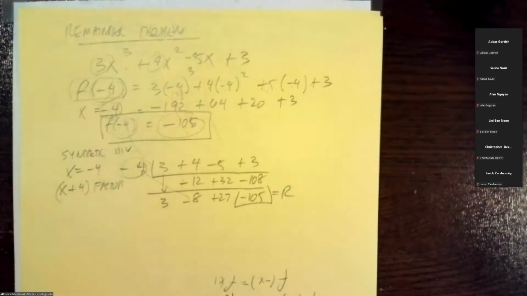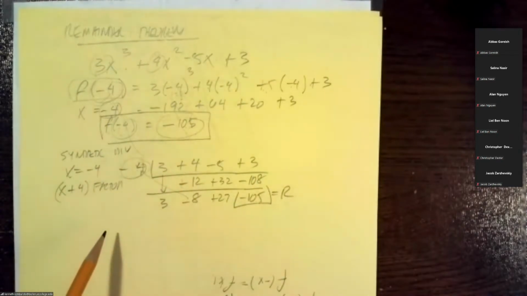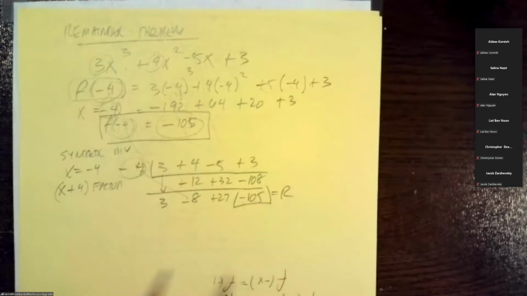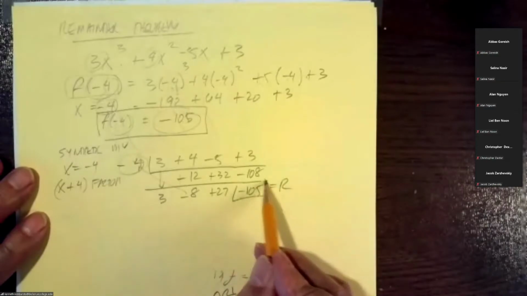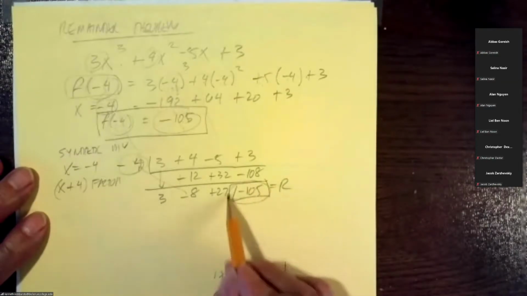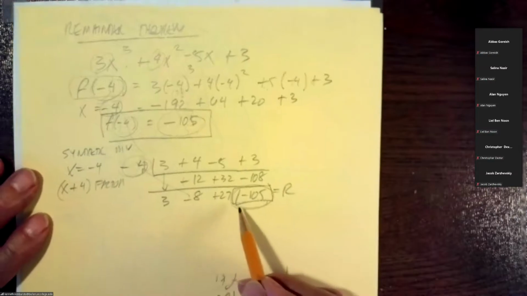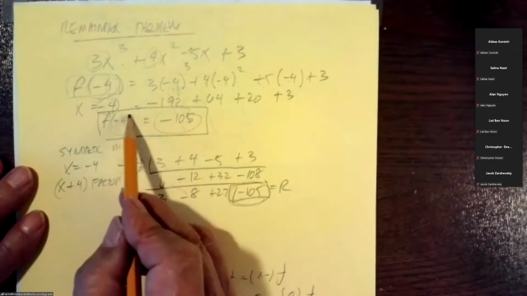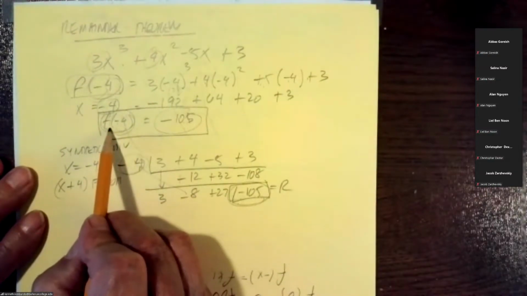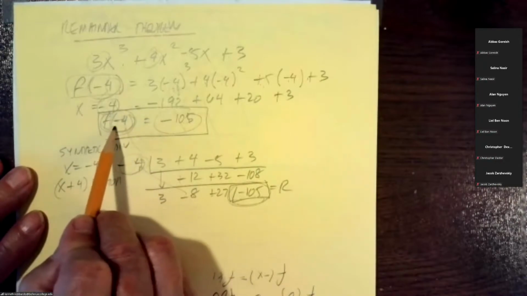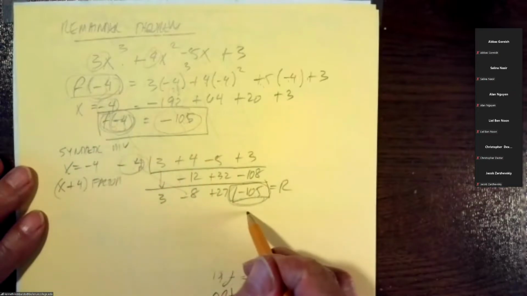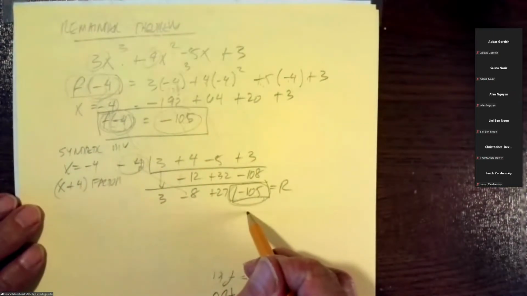So we're using both long division and synthetic division to step through processes. The remainder theorem says the remainder I get when I do synthetic division happens to be the value of the function evaluated at that location, in this case, negative 4. That's what we're doing with the remainder theorem.